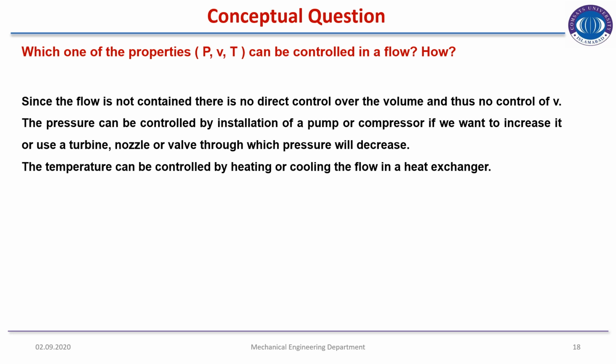Next conceptual question: which one of the properties P, V, T, where P is pressure, V is specific volume, T is temperature, can be controlled in a flow, and how? So there is some flow, a fluid is flowing through a pipe, and 1 is the inlet and 2 is the exit.